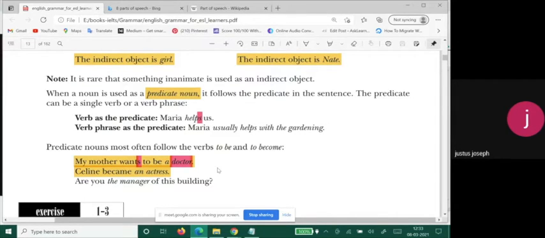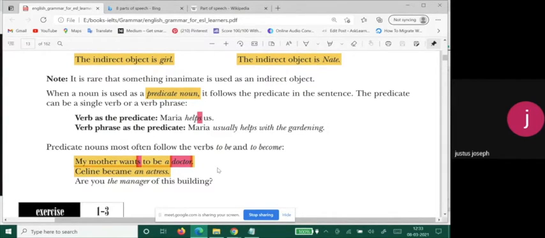You can understand it also as an object. Isn't it an object? My mother is what? Subject. Wants, verb. What is our object? Doctor. But do you see a few elements in between? To be a, that is introducing the predicate noun.